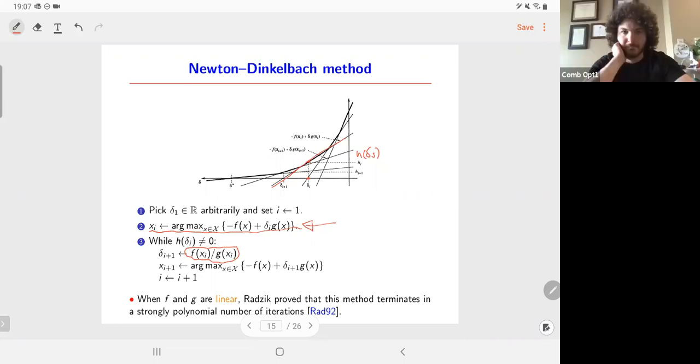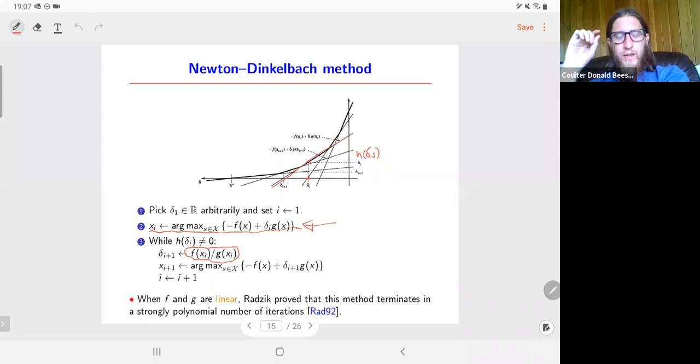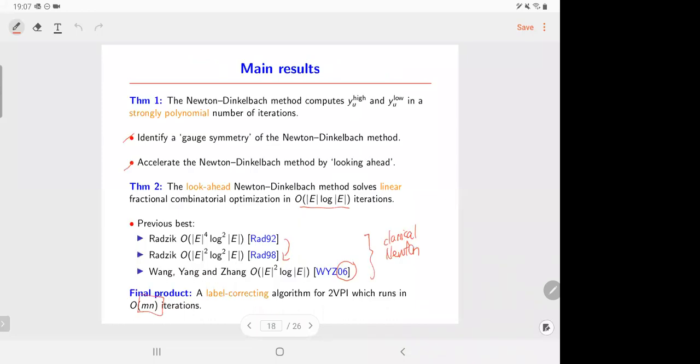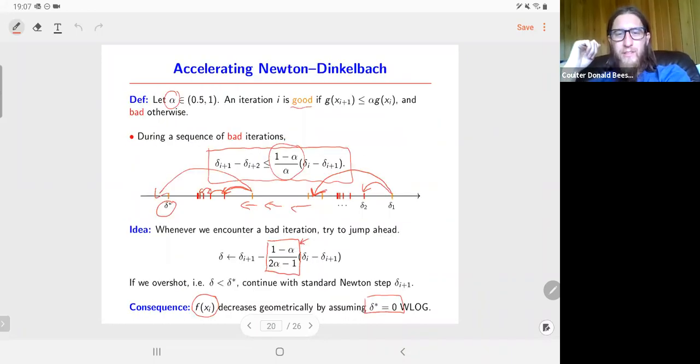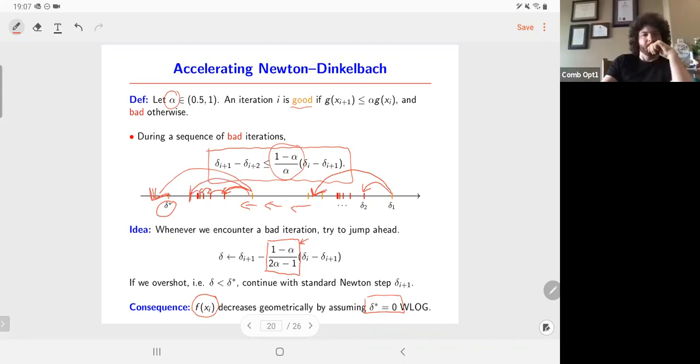Okay. Any other questions? So when you find a sequence of bad iterations and you overshoot, you just go back and walk through all the bad iterations. Is there any sense in going backwards? For example, my estimate was too much, so now I shoot half of that and see whether that's reasonable.